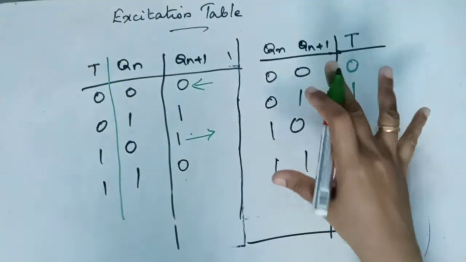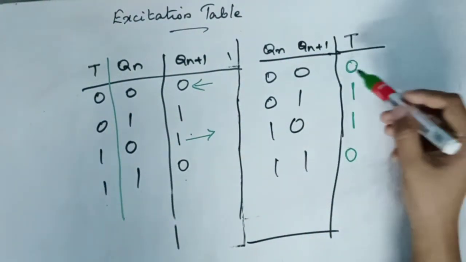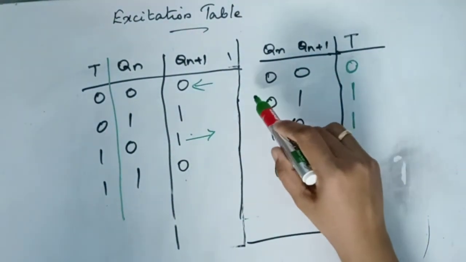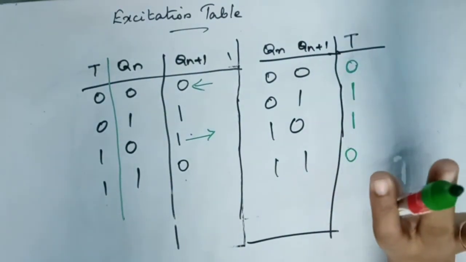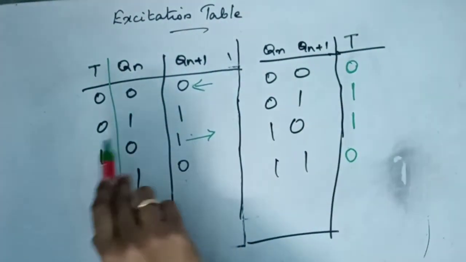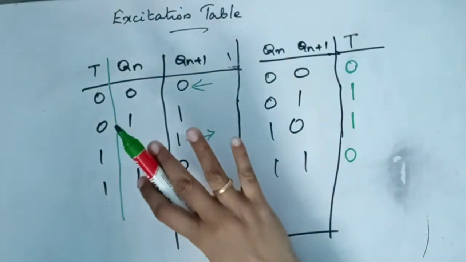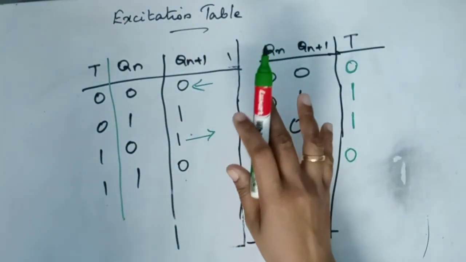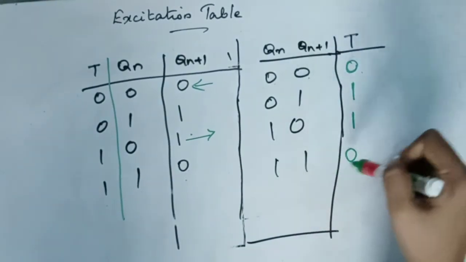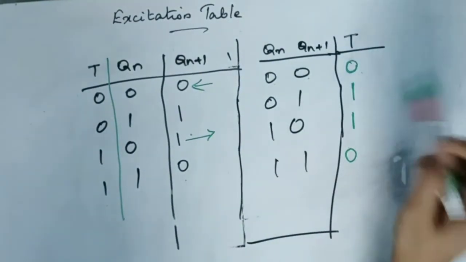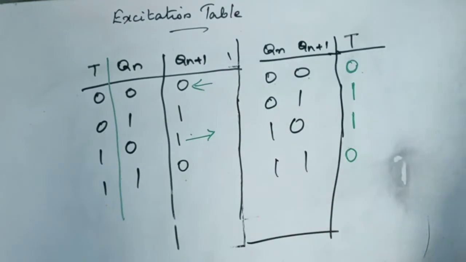So if both the previous state and present state are the same, then T should be 0. And if Qn and Qn plus 1 are different, then T should be 1. So that's easy to remember.